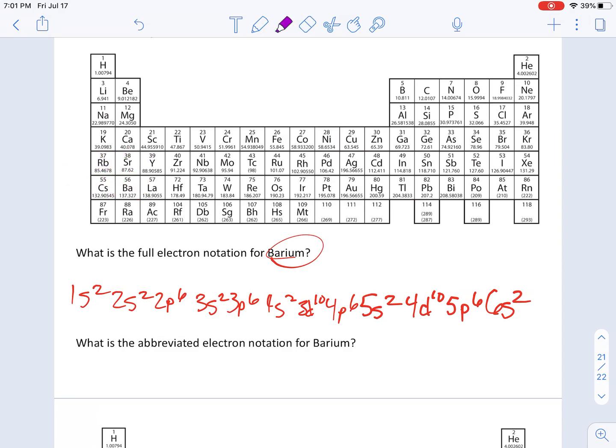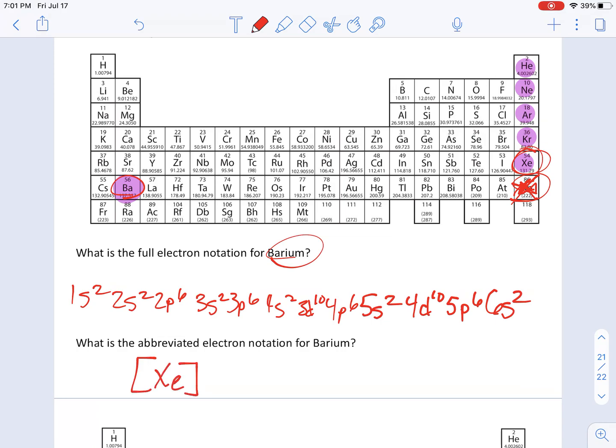The abbreviated or the noble gas configuration for barium is considerably shorter, because all we have to do is pick one of those noble gases, whichever one is closest to barium. We cannot do radon because we haven't gotten up there yet. Barium is number 56, radon is number 86, so we haven't reached 86 yet, but we did reach 54.